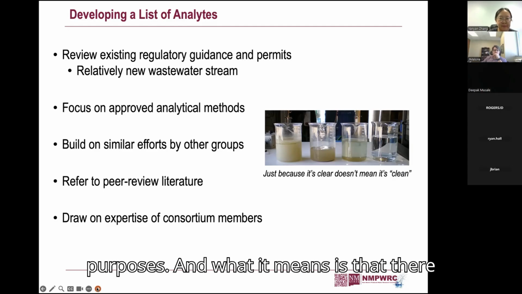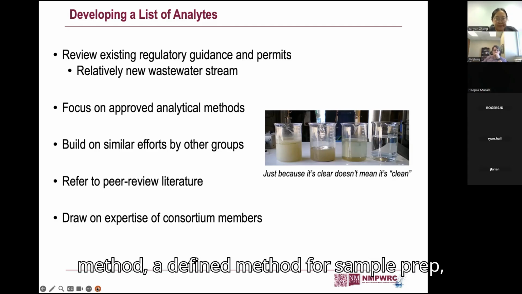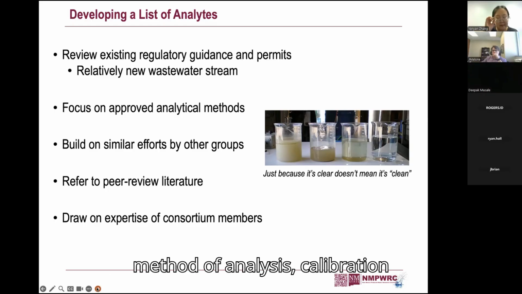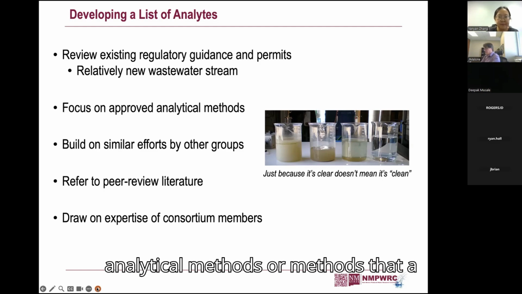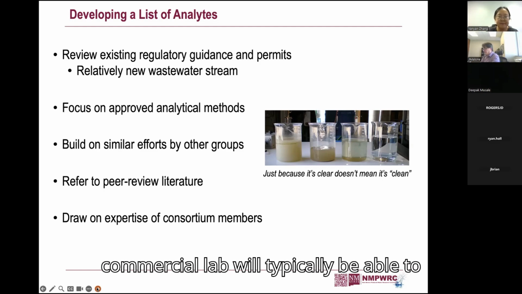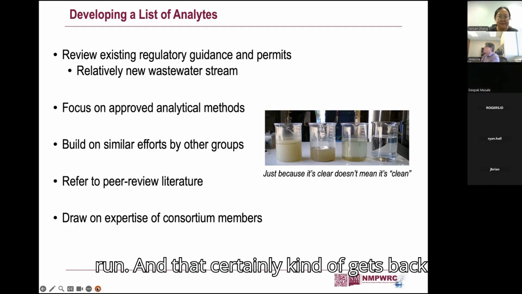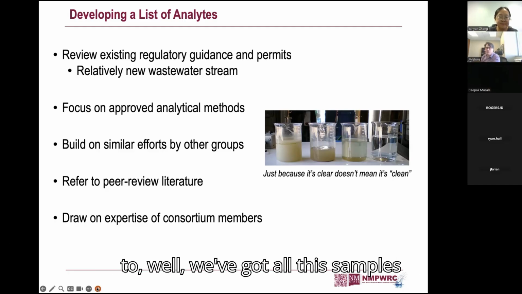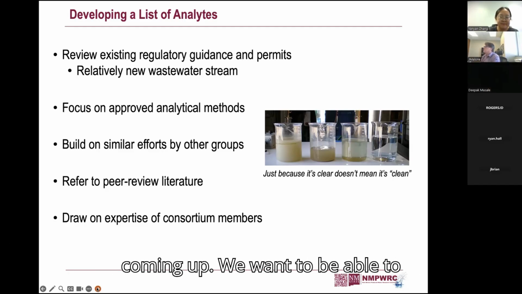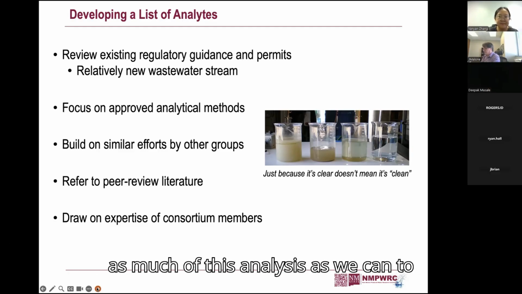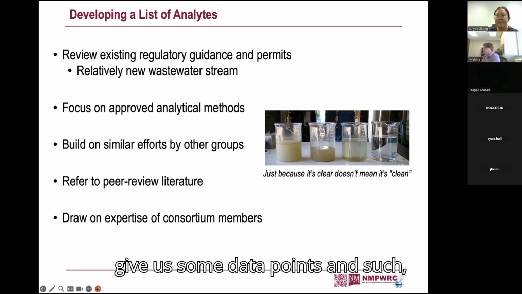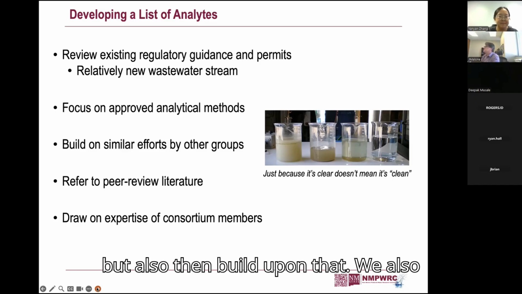It means there is a defined method for sample prep, method of analysis, and calibration standards. In essence, approved analytical methods are methods that a commercial lab will typically be able to run. That gets back to the samples coming up. We want to rely, where we can, on commercial labs to do as much of this analysis as we can to give us some data points, but also then build upon that.